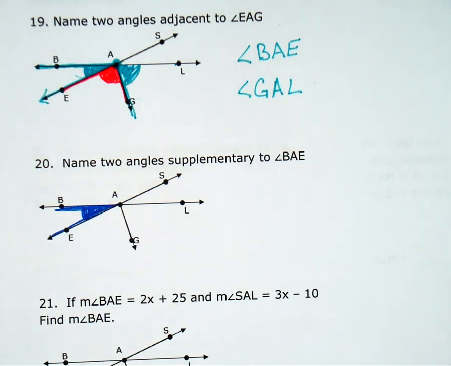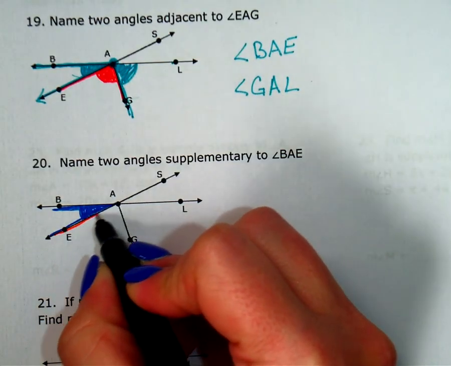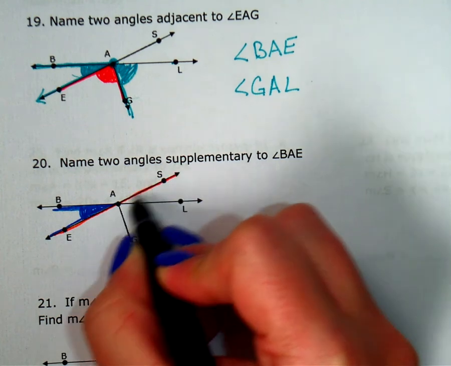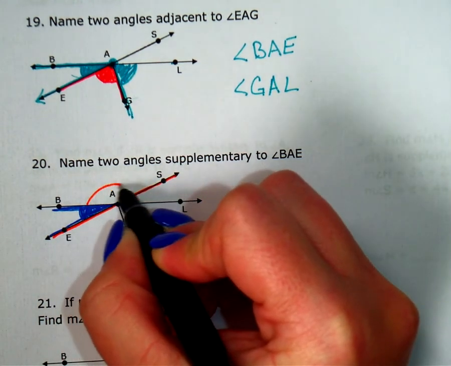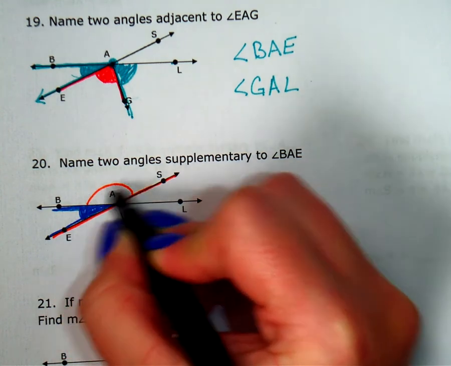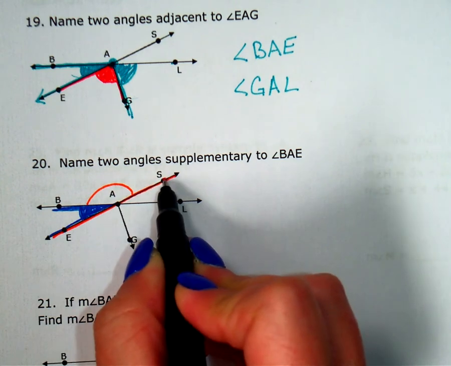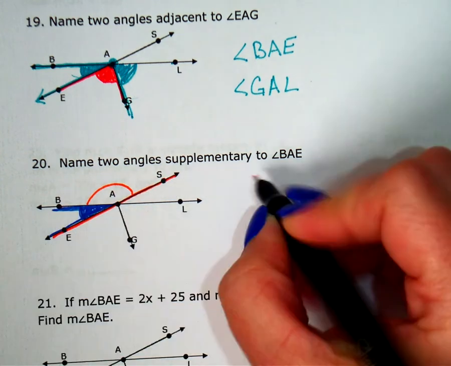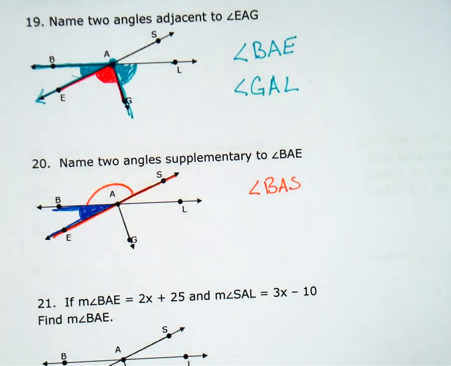If I don't have numbers, the only way I know that two angles are supplementary is if they are a linear pair, meaning they make a line. So if I were to extend one of the rays into a line, and then I looked and saw what angle makes me complete the side for that line, it would be angle BAS or SAB. You could call it either one, angle BAS or SAB.